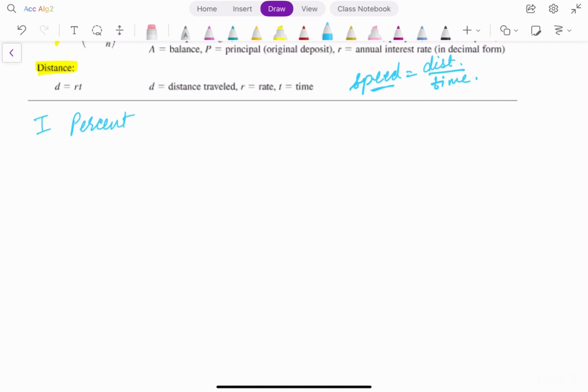Let's take the first type of word problem, which is called the percentage rate.